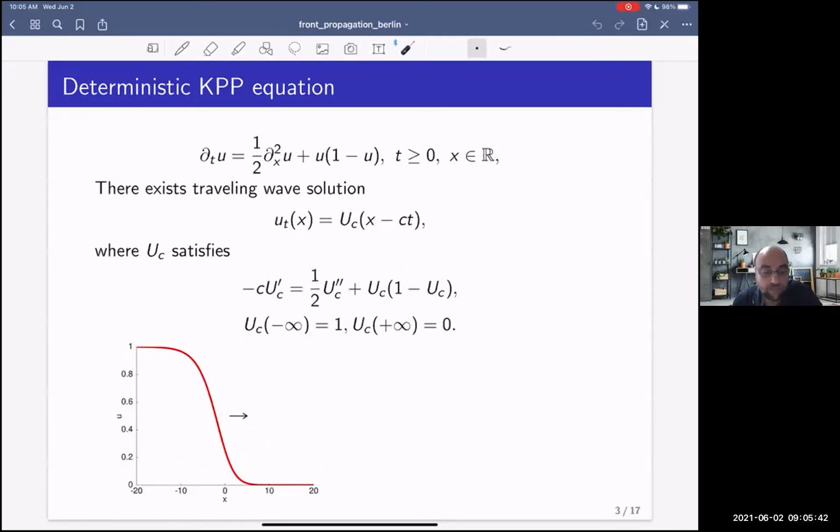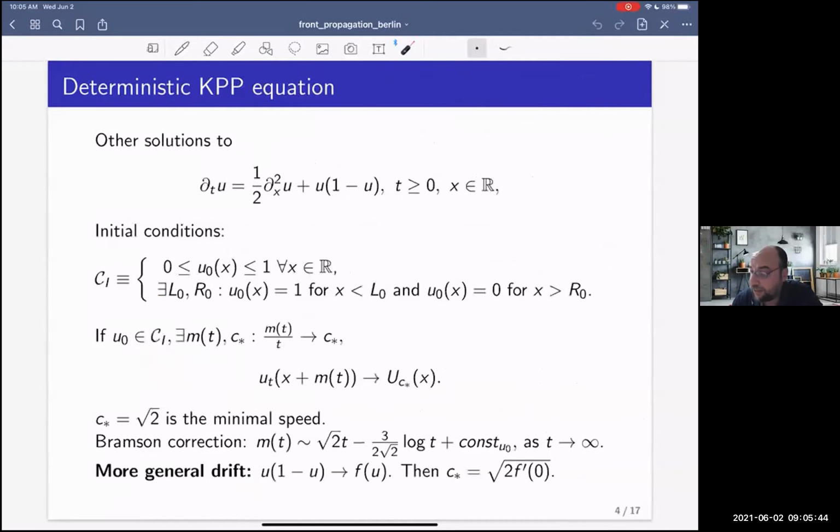Another thing: one can also be interested in other solutions, not only traveling wave solutions, and mainly we are interested in the situation when the initial conditions for this equation will be initial conditions that we call conditions with a compact interface.